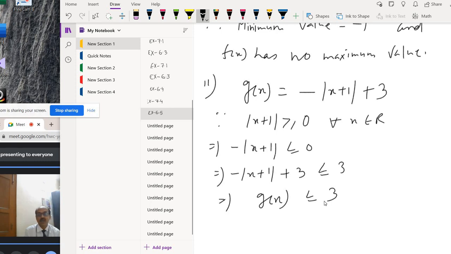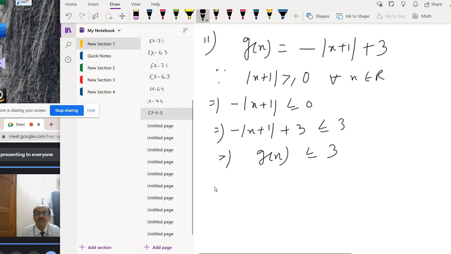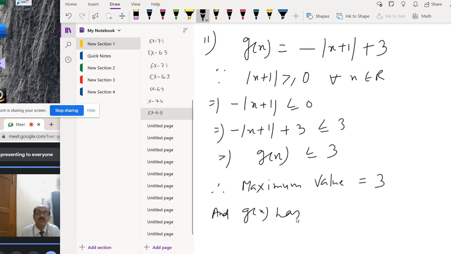And it has no minimum value. Therefore the maximum value is equal to 3, and g(x) has no minimum value.